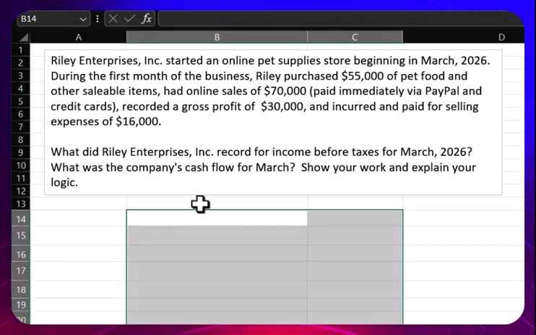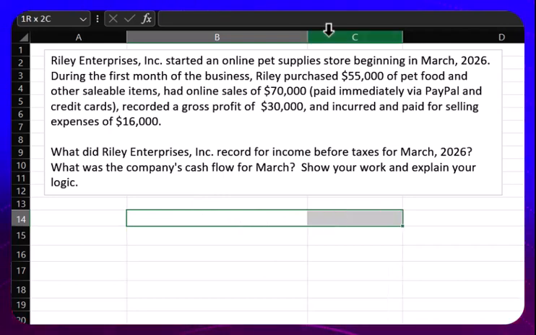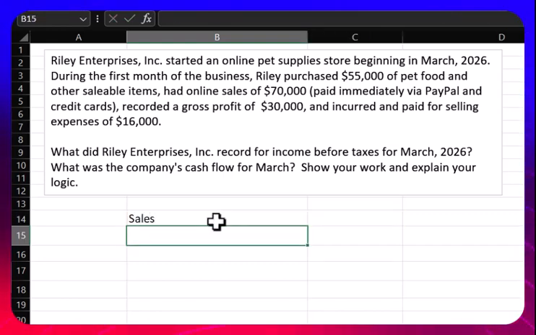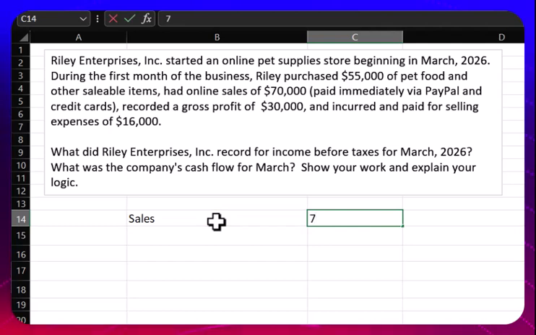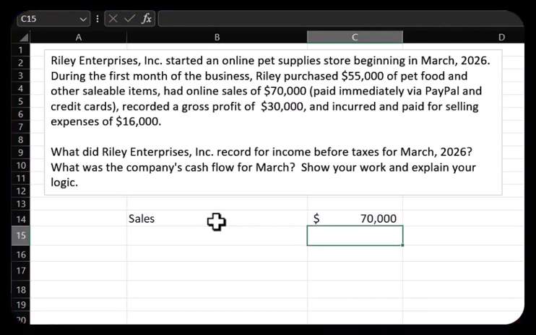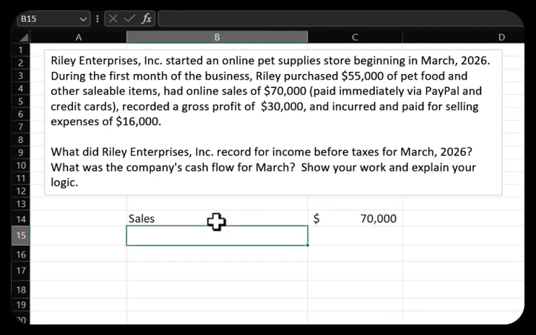All right, so let's first off jot in or bring to light what we know. Well, we had sales of $70,000. I've already formatted these for us so that it looks pretty good as I type it in. I'm going to put this in a certain order. Now, we had gross profit.